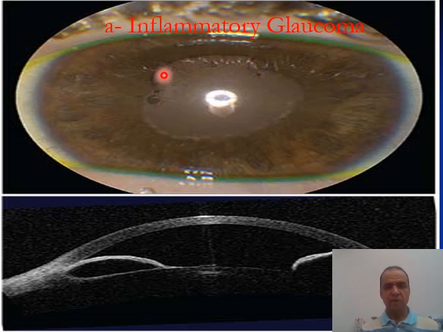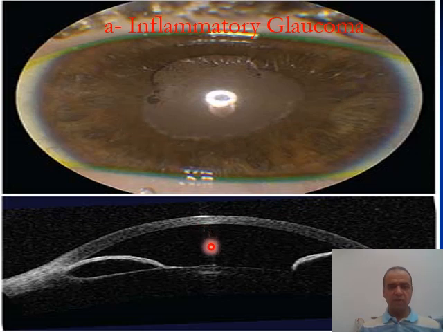You can see here in this slide, there is adhesion between the pupillary margin and the anterior capsule of the lens. Also, there is pigmentation of the iris precipitated on the anterior capsule of the lens. Also, if you look at the color of the iris, it looks washed out or lighter than usual because there is chronic inflammation, chronic iritis.